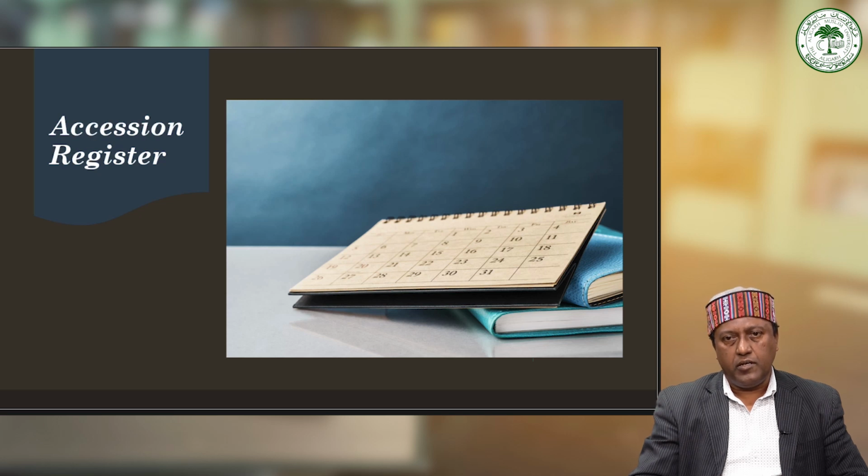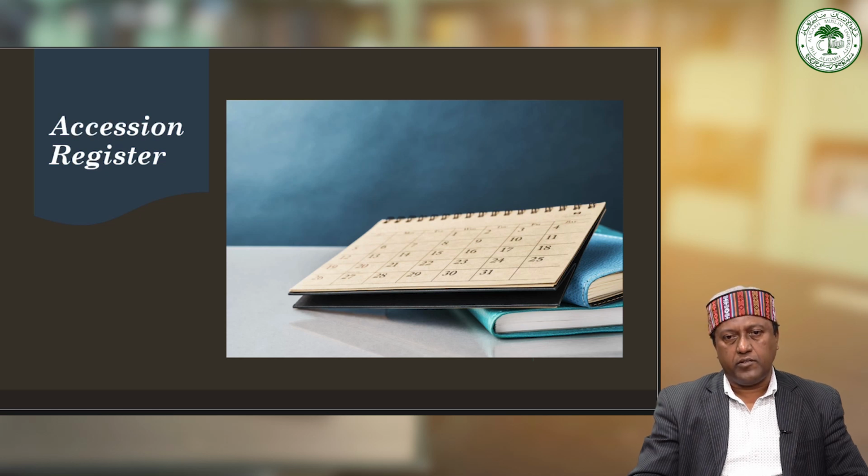This register helps librarians manage the library's collection effectively, track acquisitions and provide accurate information to library users about available resources. It also aids in inventory management, collection development decisions and preservation efforts.